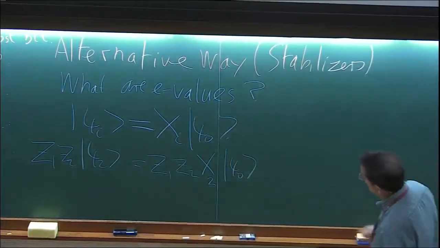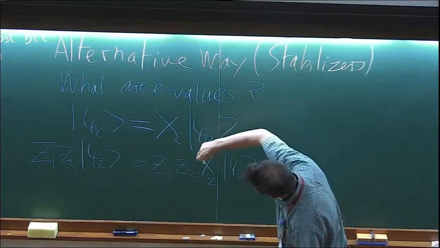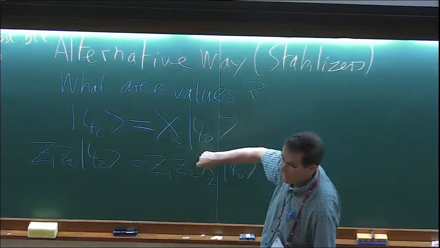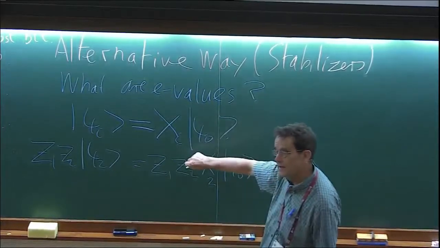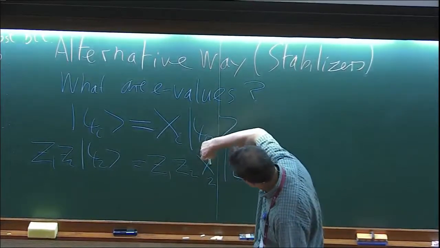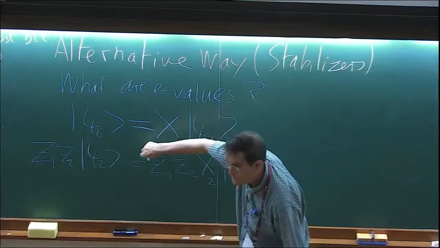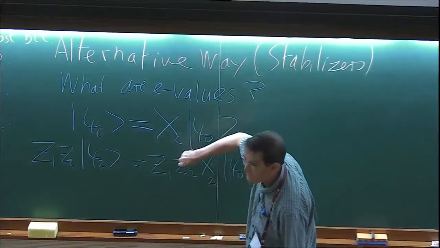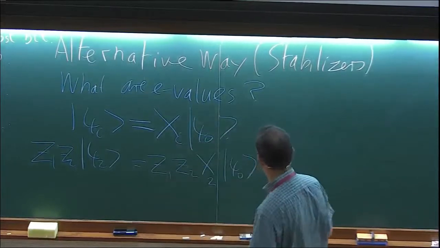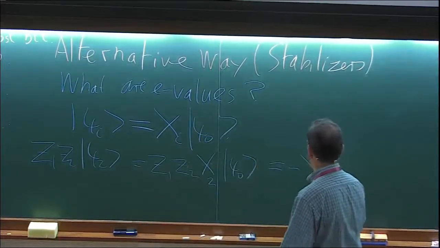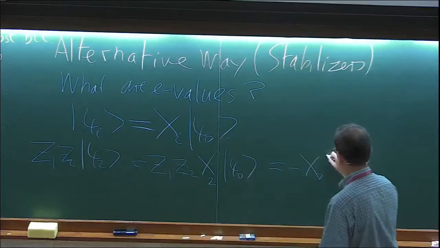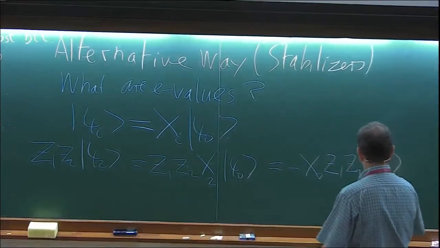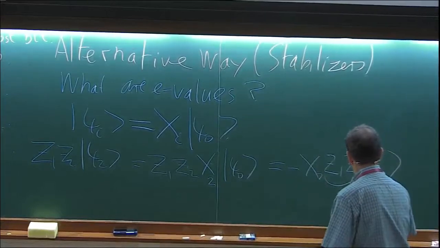And now we have to remember that on different bits, the Z's and the X's commute, but on the same bit, they anti-commute. So I have to bring the X to the left, which I want to do, I have to pull it through one of these variables which anti-commutes and the other which commutes. So this is minus X2 Z1 Z2 psi naught, and this is just psi 2.